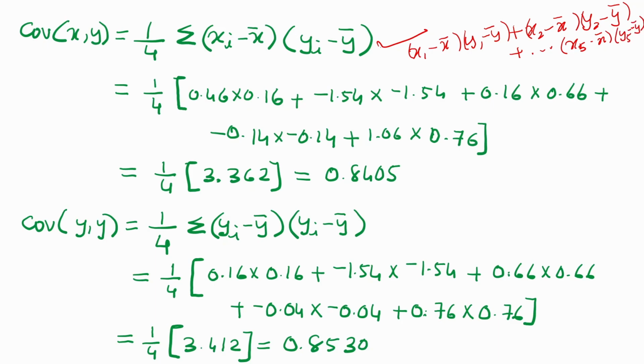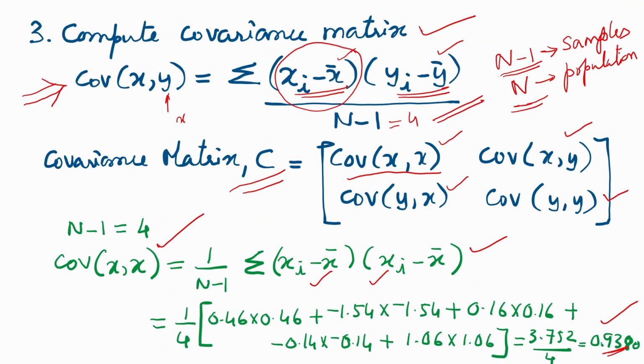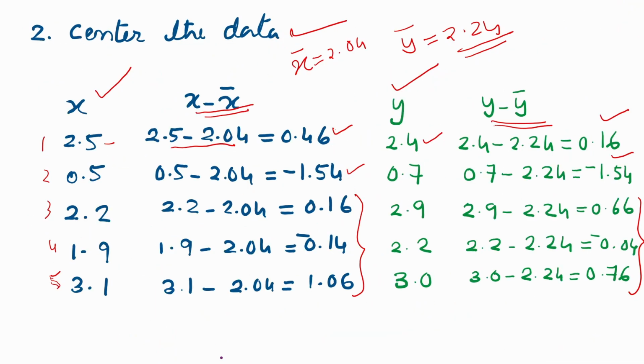We found these x1 minus x bar values. For the first data, it is 0.46 into 0.16. The second one is minus 1.54 into minus, so plus minus 1.54 into minus.